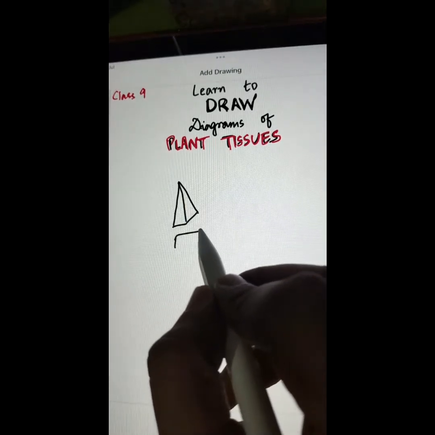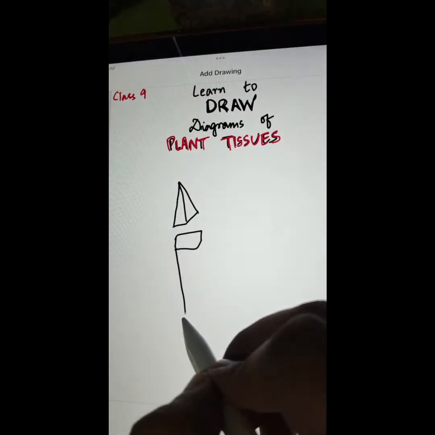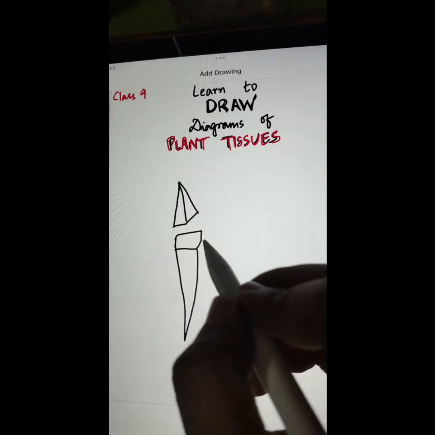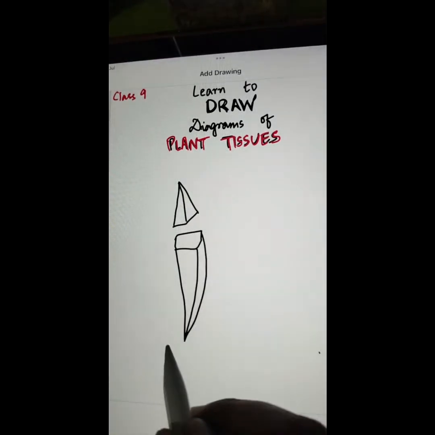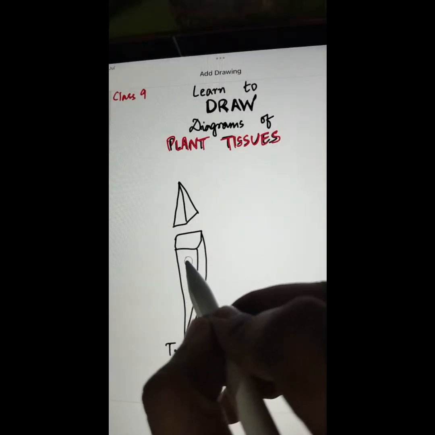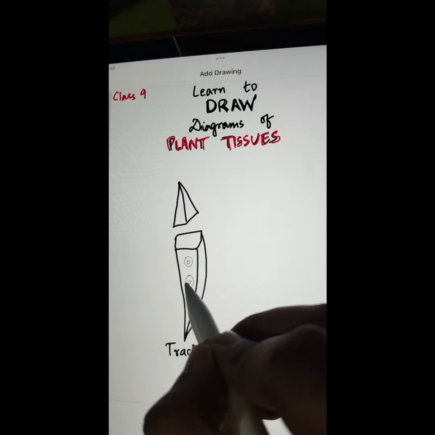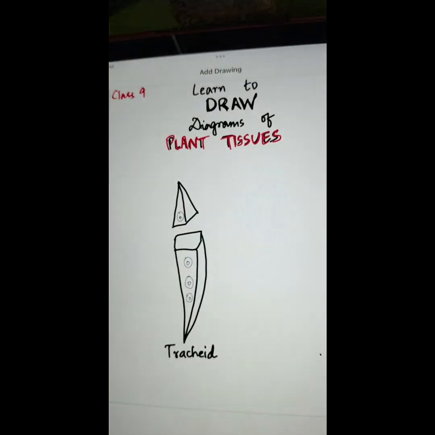So this is in the pits part, a part has been labeled as pit. I will be making it right now. So this is how a tracheid looks like. And inside the tracheid, we have pits. Pits are the regions where thickening is less.